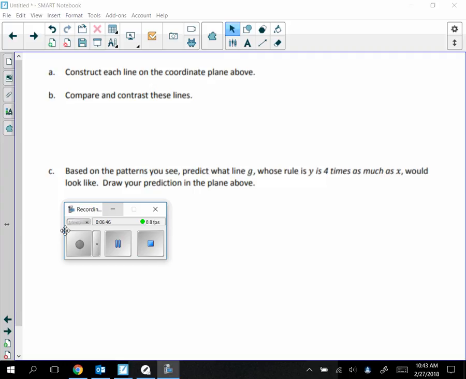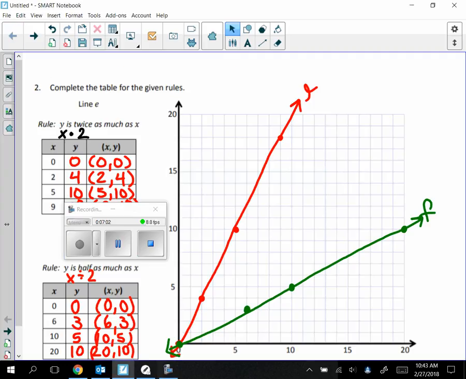They started in the same spot. Well, mine did, but what if yours didn't start at 0?